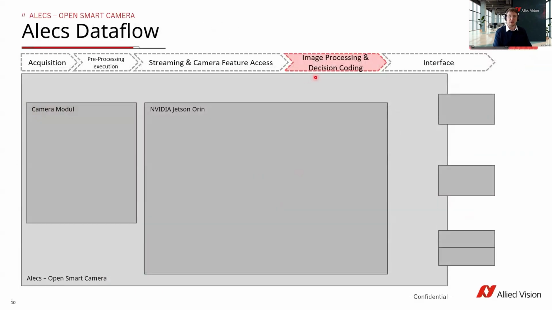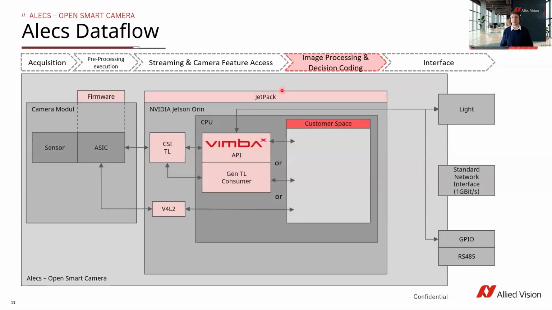Coming back to the data flow and the system architecture view. This is what you know, and now I will fit in step by step more boxes and arrows and explain in detail how the access, especially through GenICam, will happen. In the beginning, I said we have on the sensor part the capturing of the images, and then we have an integrated ASIC with the Light Vision firmware for the different sensors.